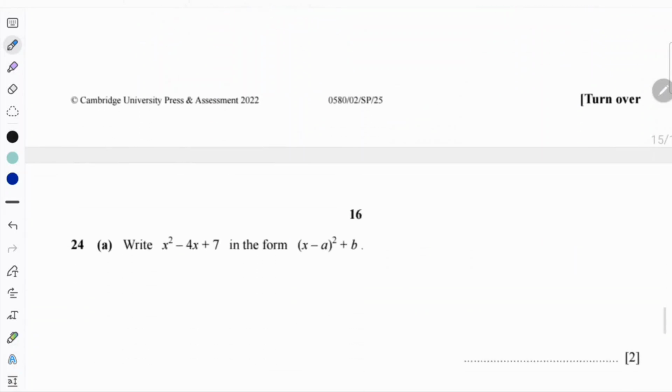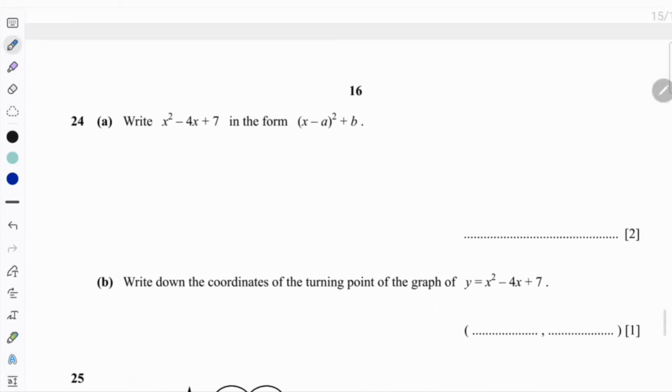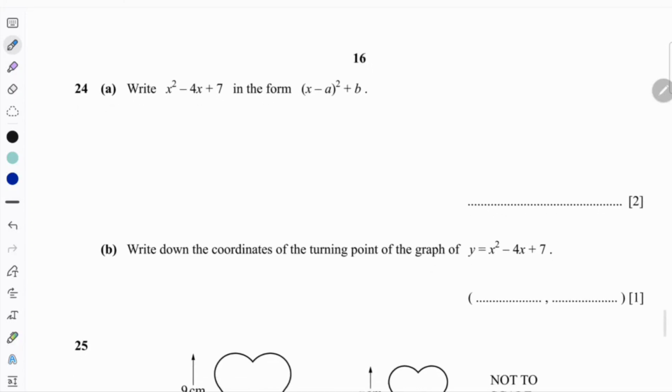Go to question number 24, a completing the square question. x square minus 4x plus 7. So the coefficient of x is minus 4. Minus 4 upon 2 is minus 2. So we are adding and subtracting minus 2 square to this expression. x square minus 4x plus minus 2 square, minus minus 2 square, plus 7.